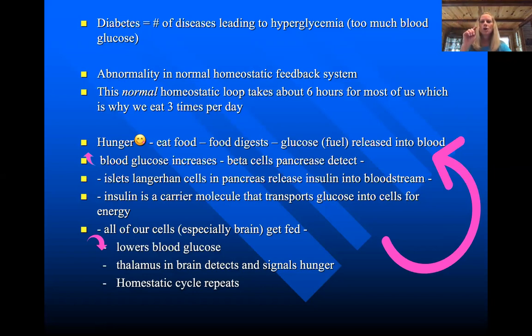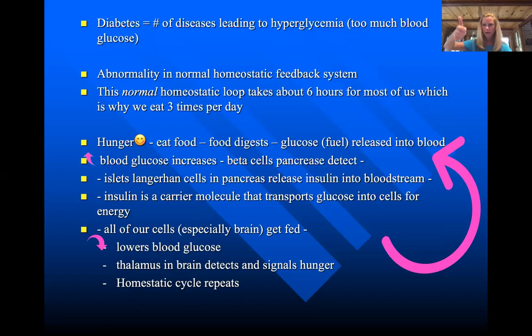Okay, so then after we digest food, glucose, which is our fuel, is released into the bloodstream. So temporarily, glucose levels are going to go up in the bloodstream. The beta cells of our pancreas are going to detect that increase in glucose and then tell the islets of Langerhans cells in the pancreas to release insulin into the bloodstream.